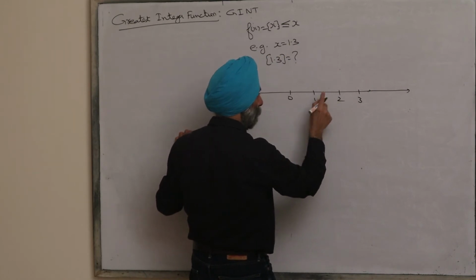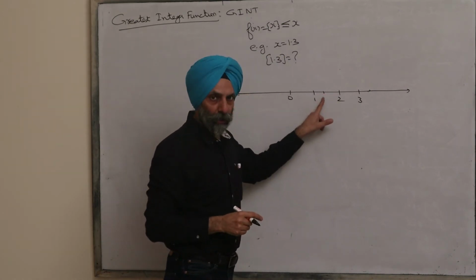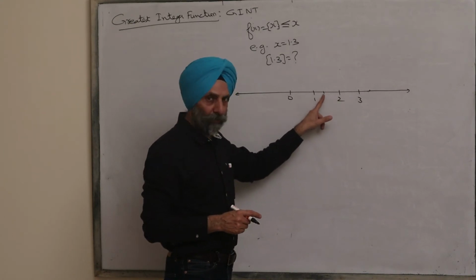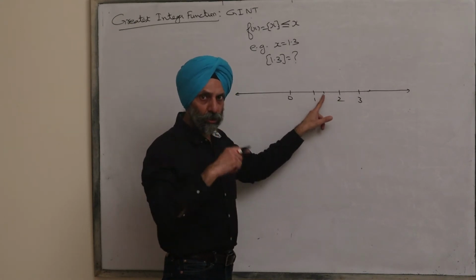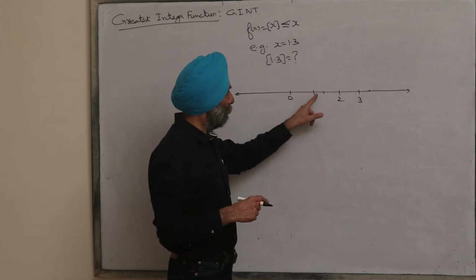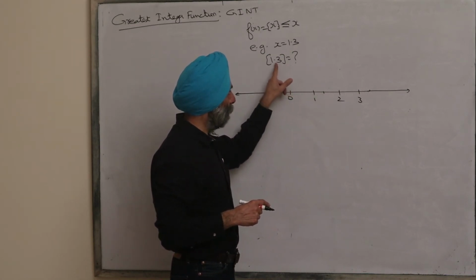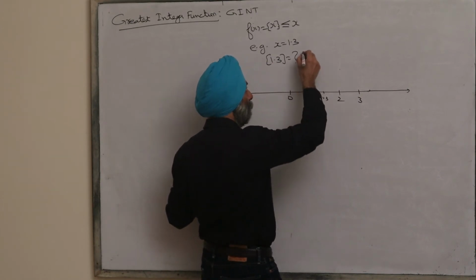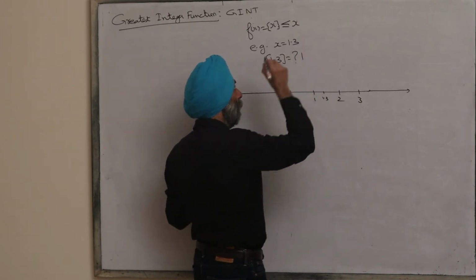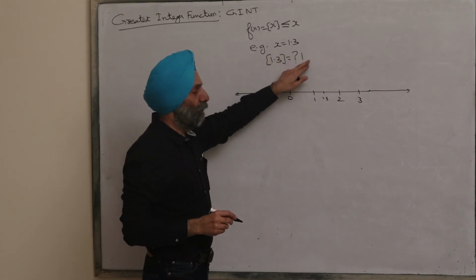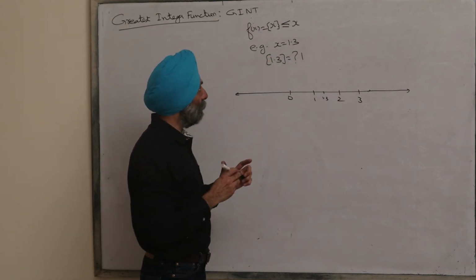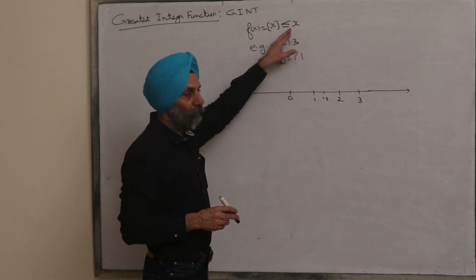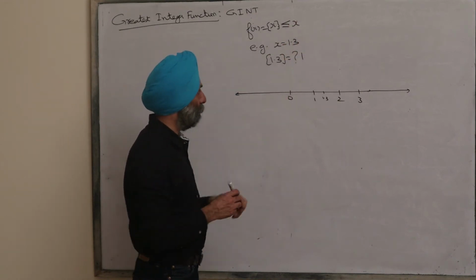Here you have 1.3. Look for the nearest integer value to the left of it, and that is 1. So the integral part of 1.3 is 1. You can see that 1 is always less than 1.3, which satisfies this.